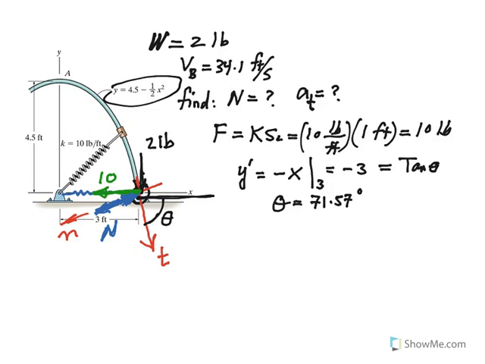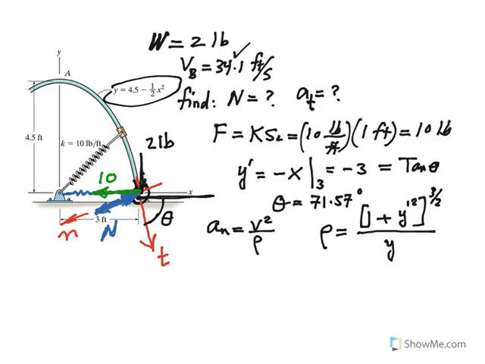One other thing we need to determine is the normal acceleration. Normal acceleration is v squared over rho. In the previous problem, I calculated the speed based on conservation of energy for you. It's 34.1. Well, what about the radius of curvature? You recall that the radius of curvature can be determined using this formula at that specific location.